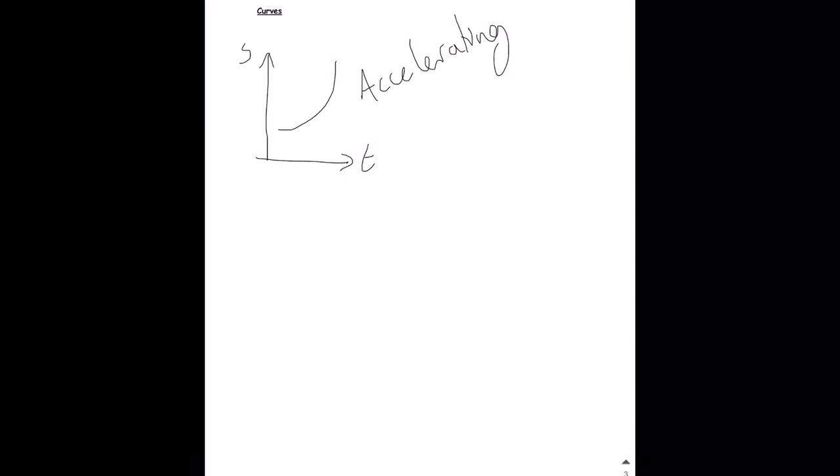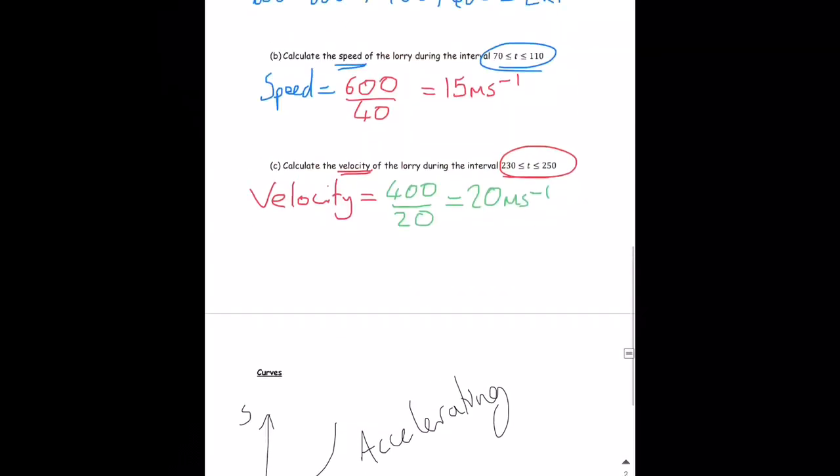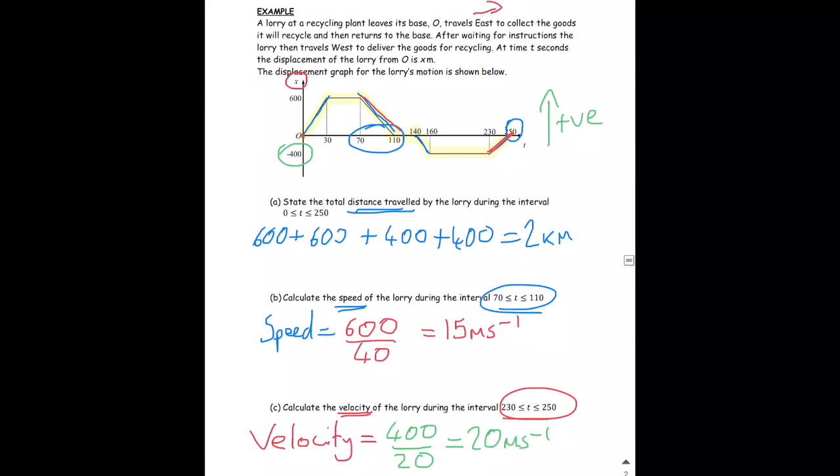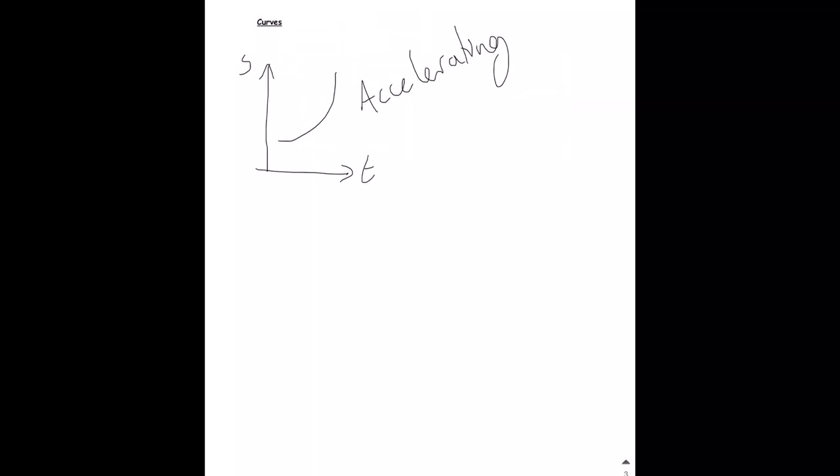So it's not a constant speed with a straight line. If we have a look at these with a straight line, the distance is constantly getting further away. In this case, it's actually speeding up.